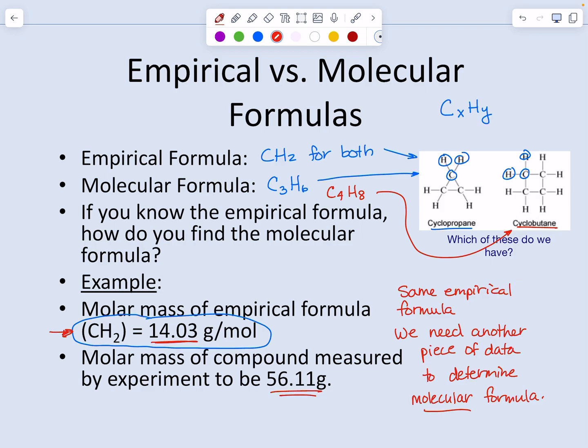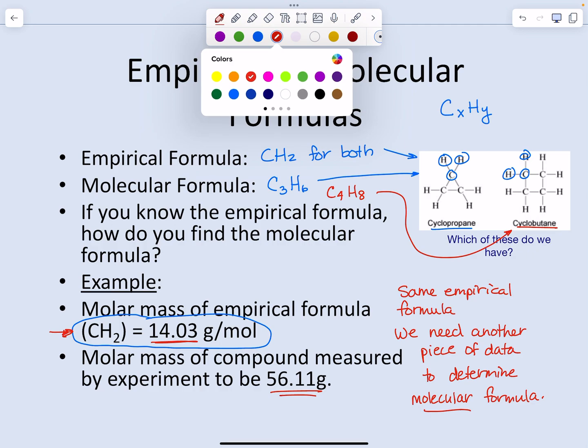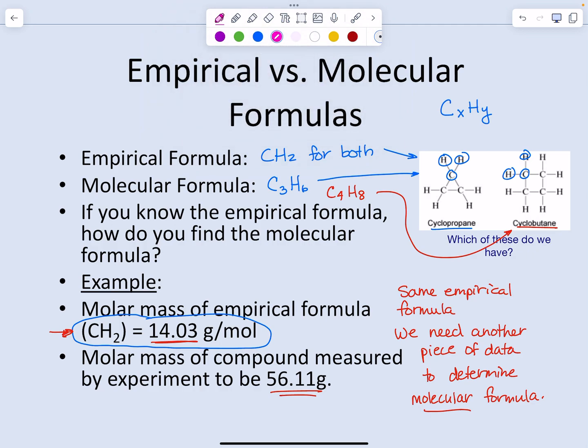So we have one chemical where the molar mass is the sum of 3 carbons plus 6 hydrogens, and one with 4 carbons and 8 hydrogens. Let's consider how many multiples they are of this basic formula.